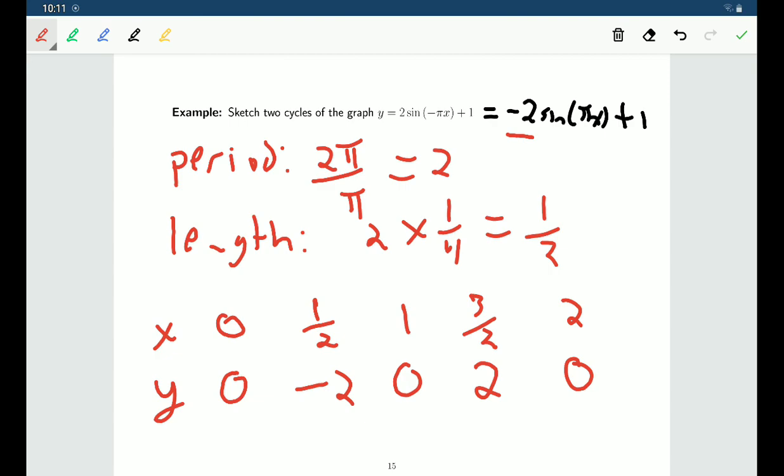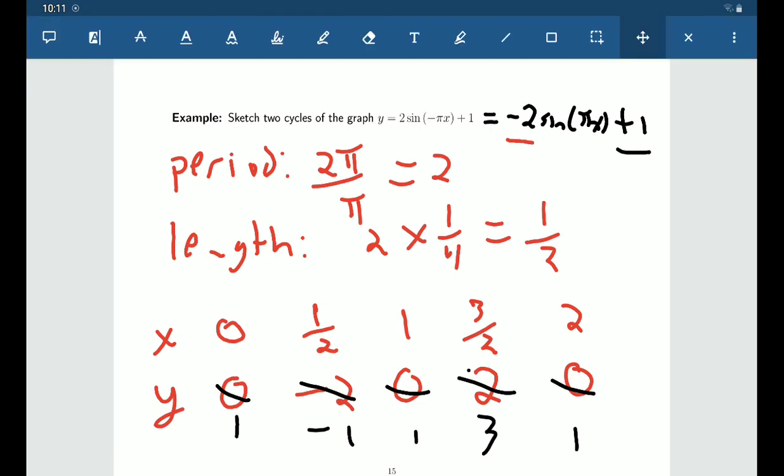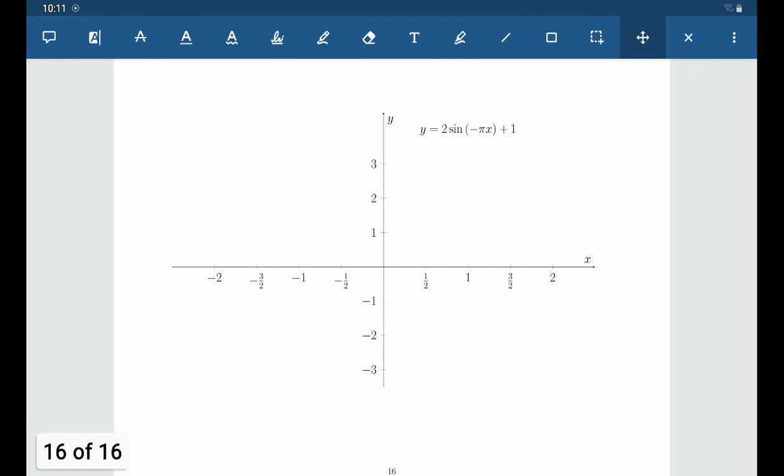And now, of course, we have a vertical shift upwards by 1. So that means each of our y values I will be adding 1 to. So we'll have, instead of y values of 0, -2, 0, 2, 0, we will have y values 1, -1, 1, 3, 1. So let's plot those.